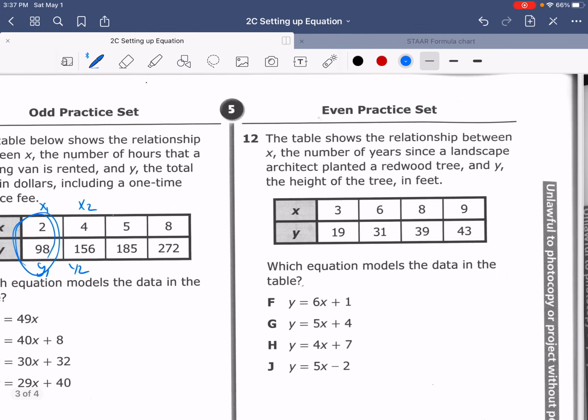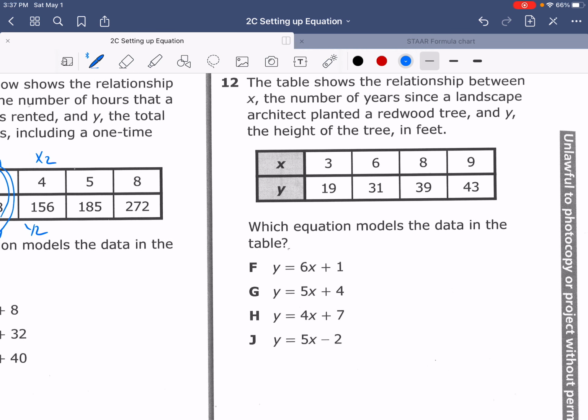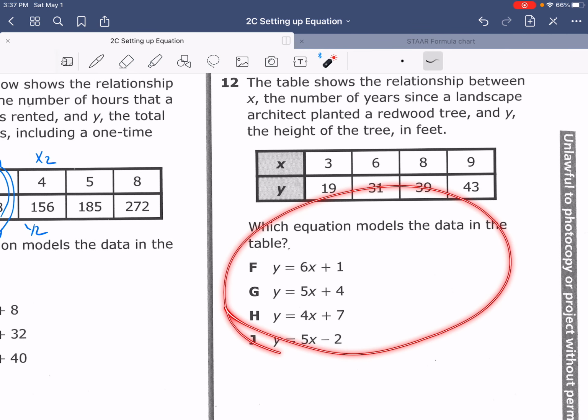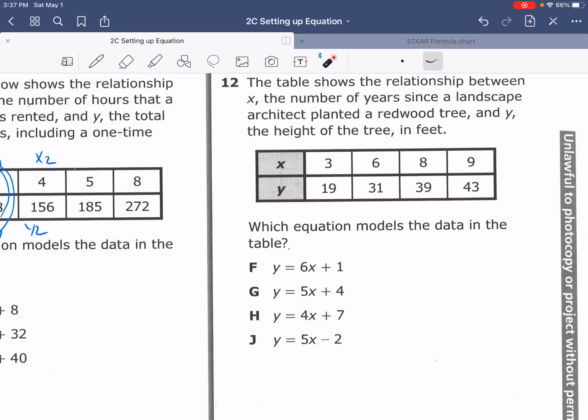Okay, here we go, let's do this. Which one of these equations models this data? So again, you can graph every single one of these and see if it has two of these points. Or let's say you don't want to think, just do like me. No, it's not y1, it's x2.